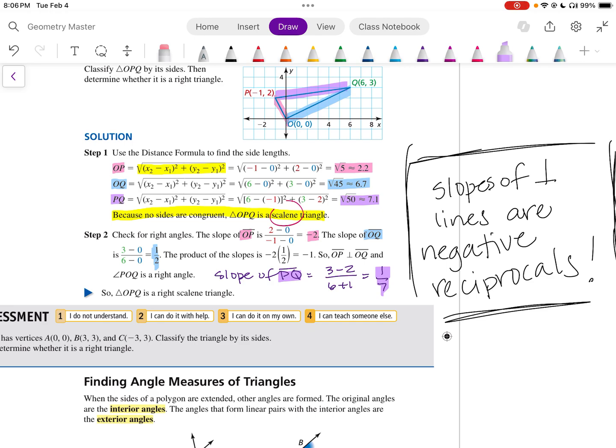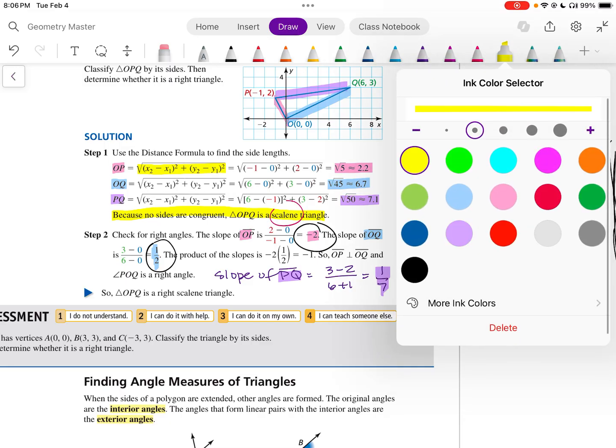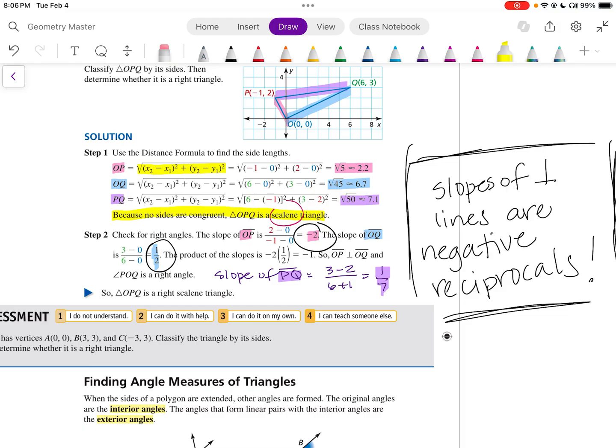So we did find negative reciprocal slopes in 1/2 and -2. Once we see that, we know that there is one right angle, which will make this triangle a right triangle. As soon as we have one right angle, it is a right triangle. So that means this triangle is a right scalene triangle.